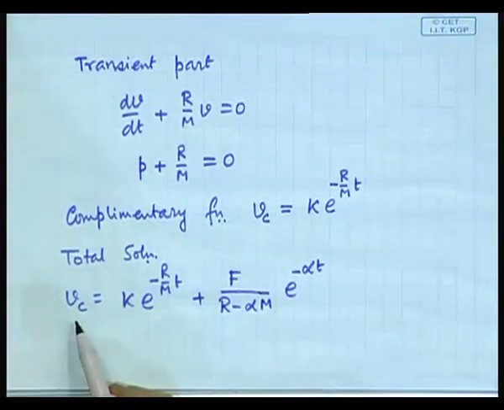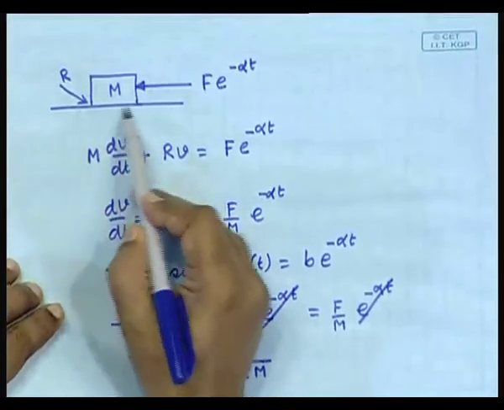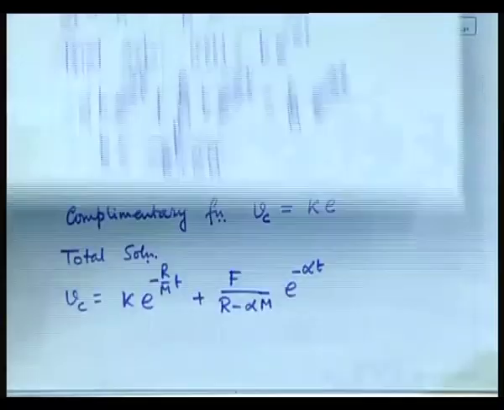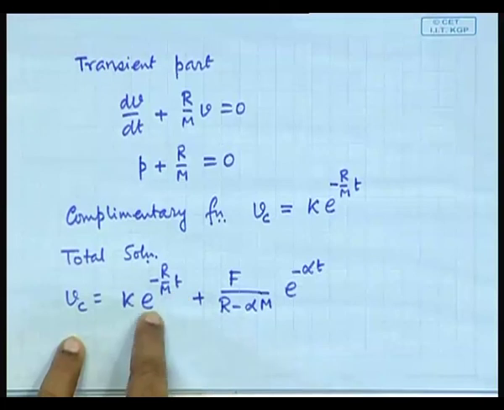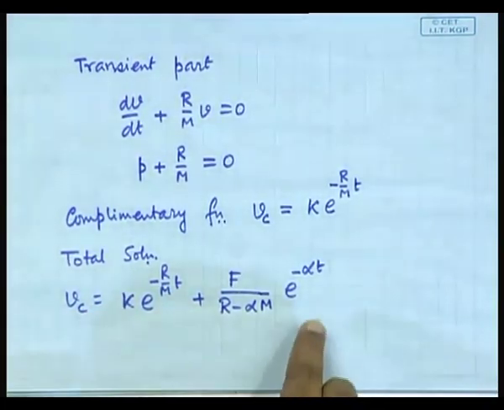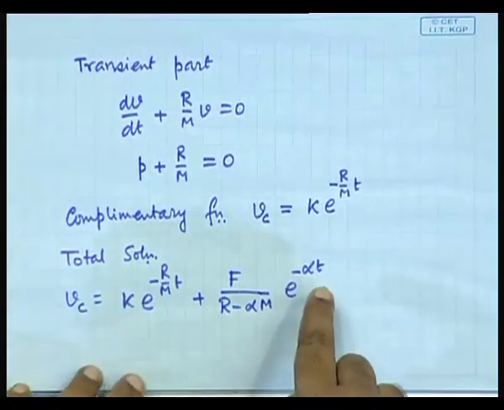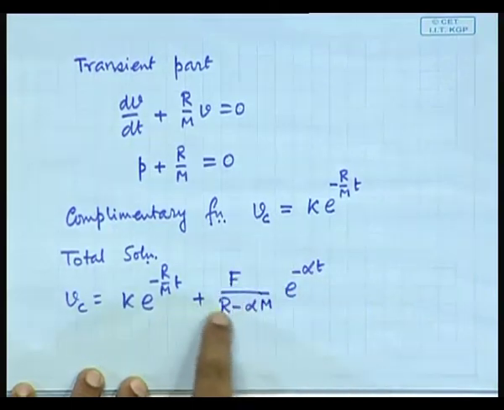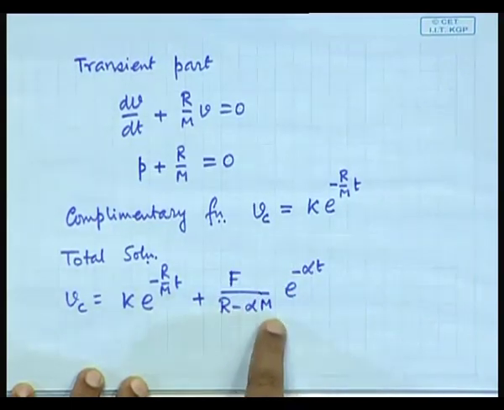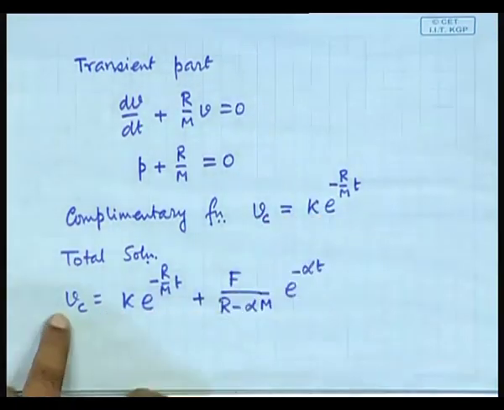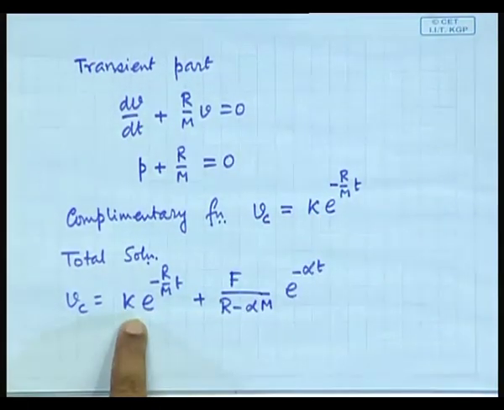So, if the initial value of V is known, suppose it starts from rest, V is 0, in that case k is, wait, if you put t equal to 0, then this term is 1 and this is k.